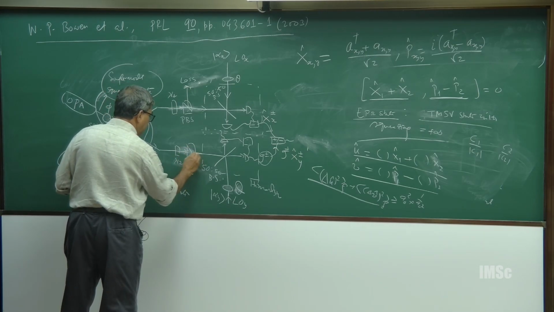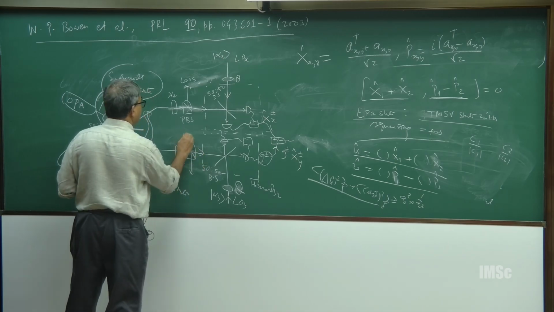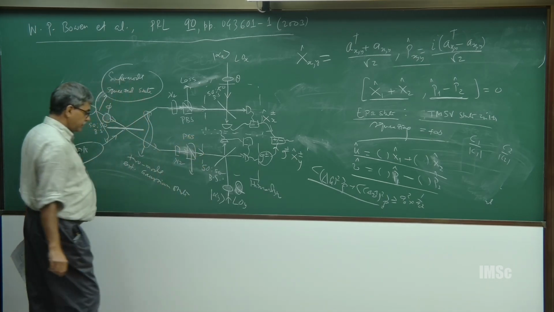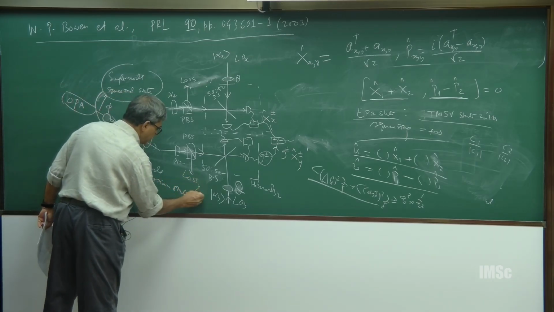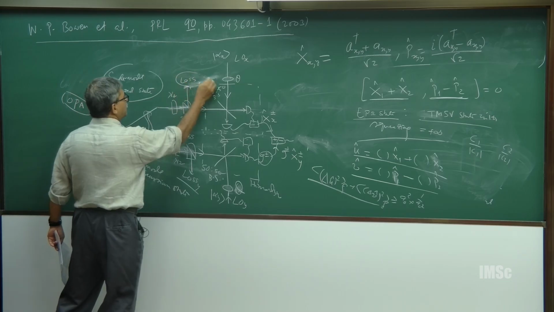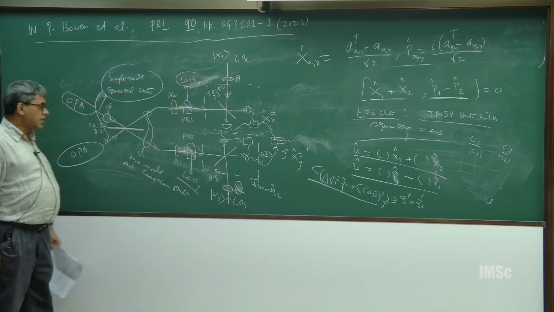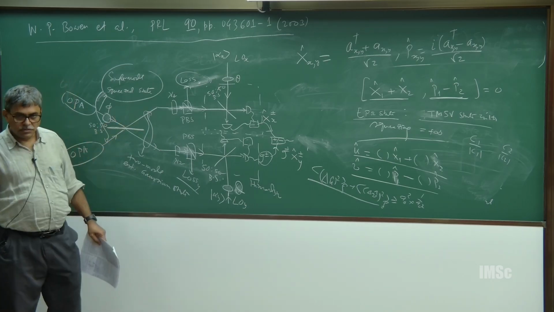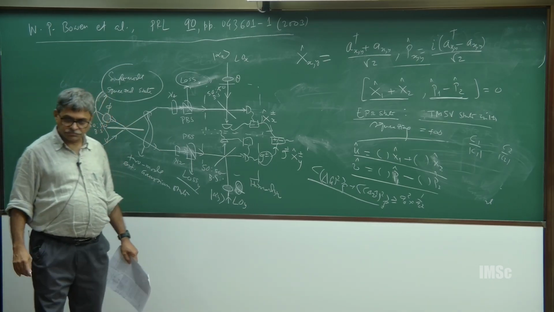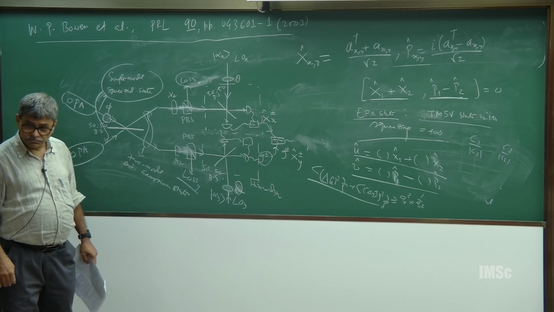So it will come and then again it will go. This is a PBS, and this is loss y. This is photon loss, because you are not looking at that. Rest of the things are the same. So this polarization does not interfere with the whole homodyne detection process.